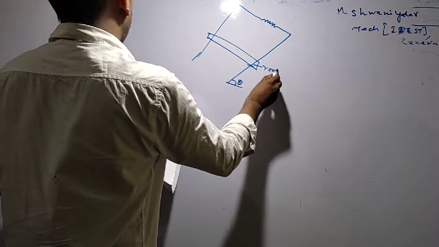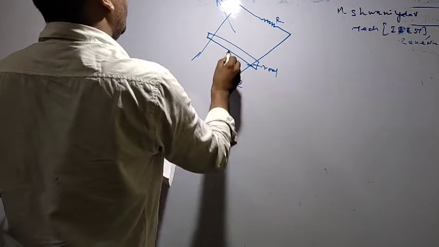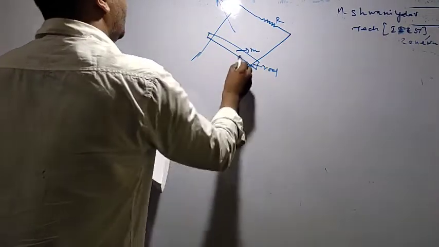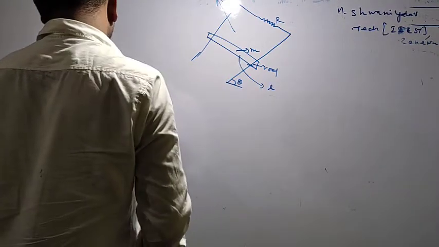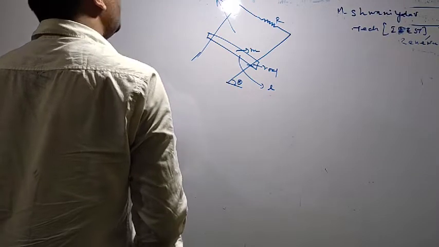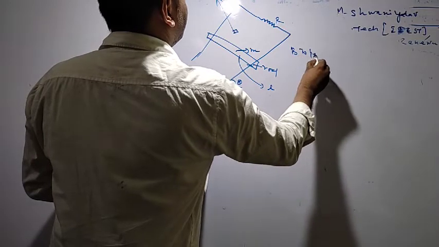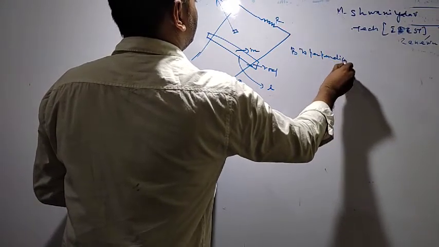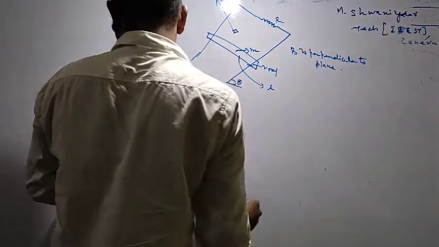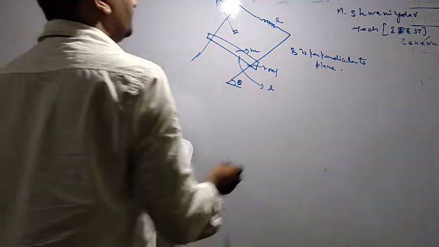The rod has resistance R, and its length is l. The setup is placed in a uniform magnetic field B perpendicular to the plane. Then find the steady state velocity of the rod.